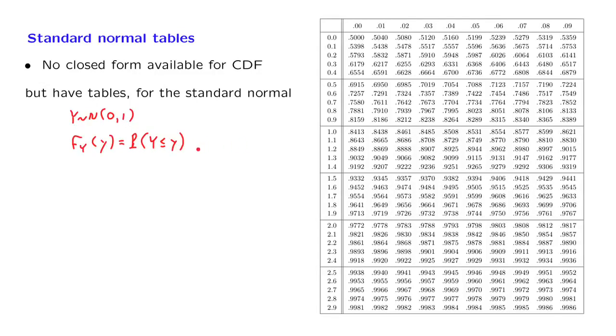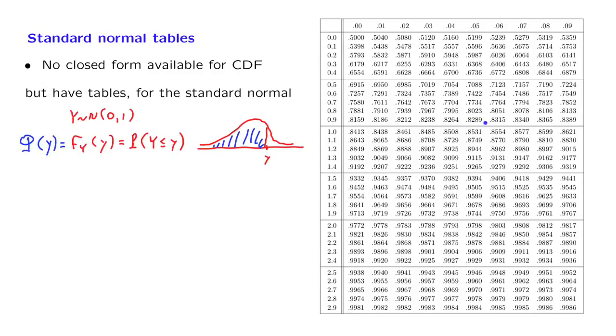In terms of a picture, if this is the PDF of a standard normal and I give you a value little y, I'm interested in the corresponding value of the CDF, which is the area under the curve. Well, that value, the area under this curve, is exactly what this table is giving to us. And there's a shorthand notation for referring to the CDF of the standard normal, which is just phi of y.